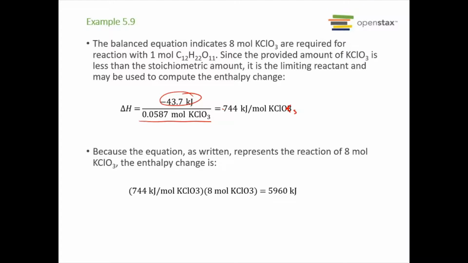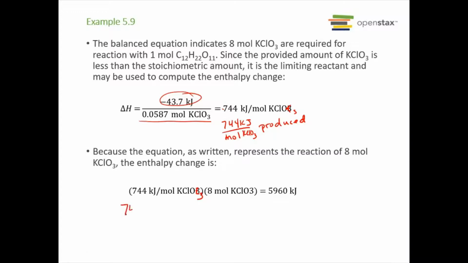Okay. And we can also just say it's 744 kilojoules per mole produced. Now this is per mole of potassium chlorate, and when we look at the balanced reaction, there are 8 moles in our balanced reaction.